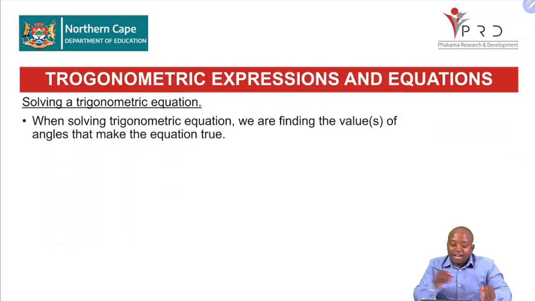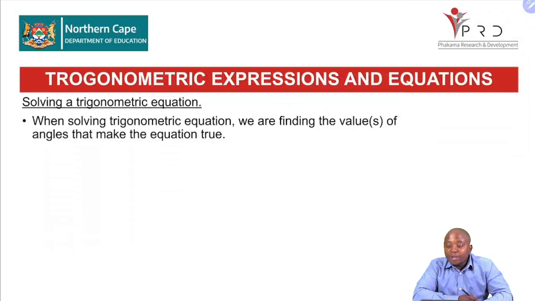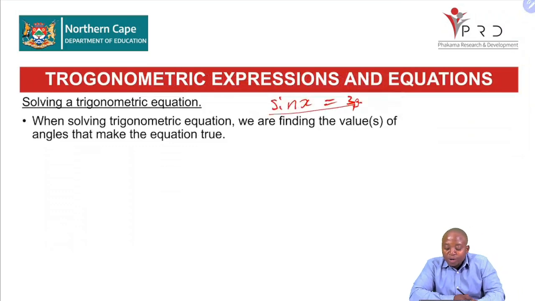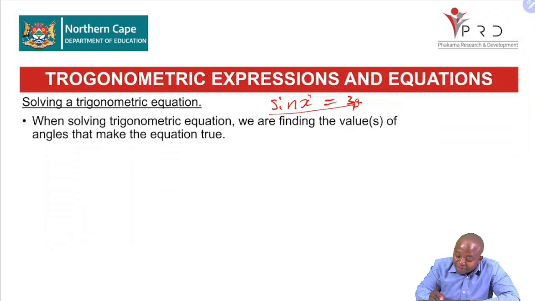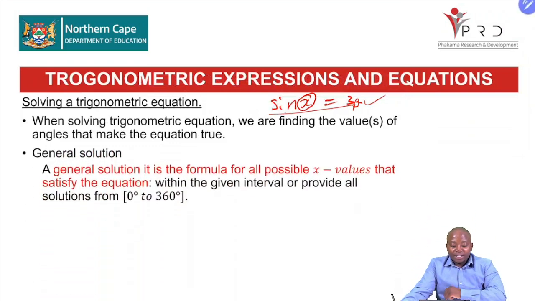We are finding the values of the angle that make the equation true. So it's just sin x equals 3. We are looking at the values of the angle x that make this equation true. So what are the values of x that will allow sin x to be 3? That is what we are saying here.